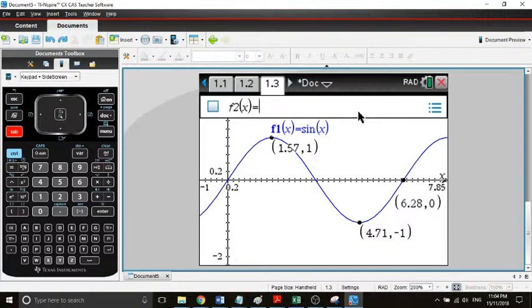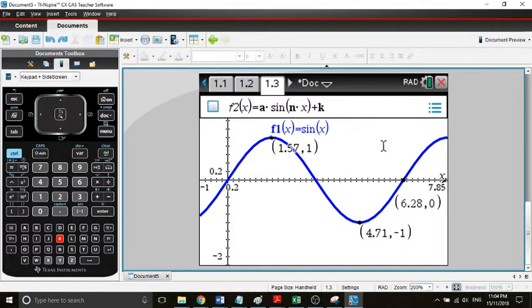So our general equation for a sine graph is a times sine of n times x, plus k. Now you could probably already work out what some of these things do. A controls the amplitude. So whatever the value for A is, that is our amplitude. N controls our period.